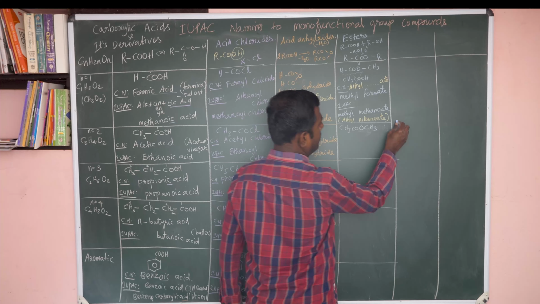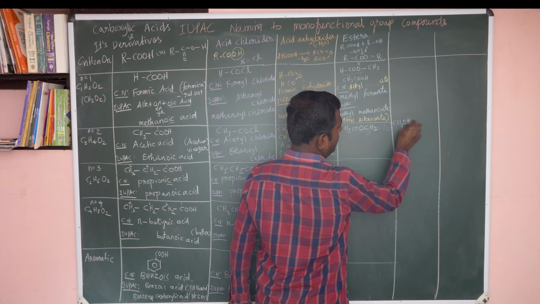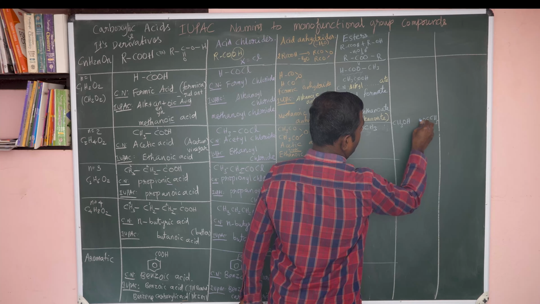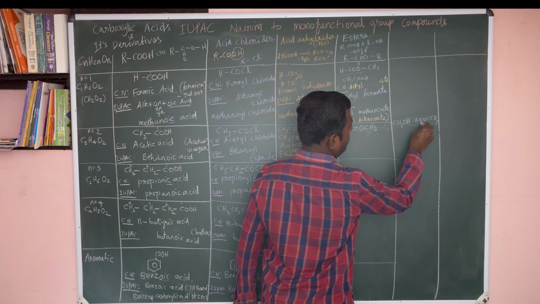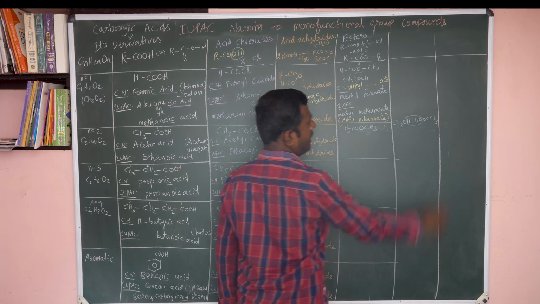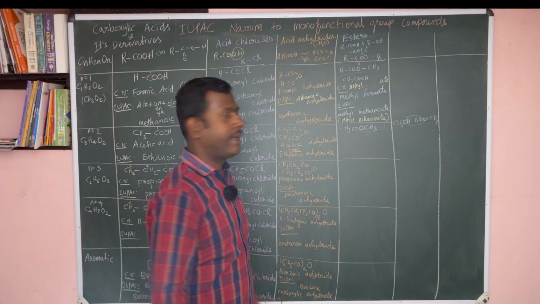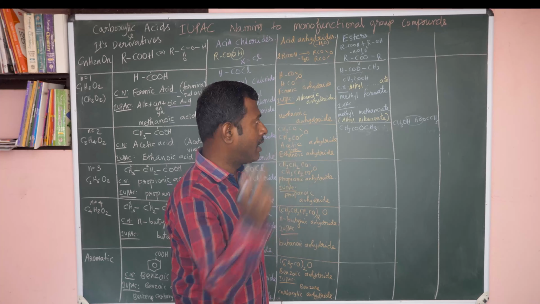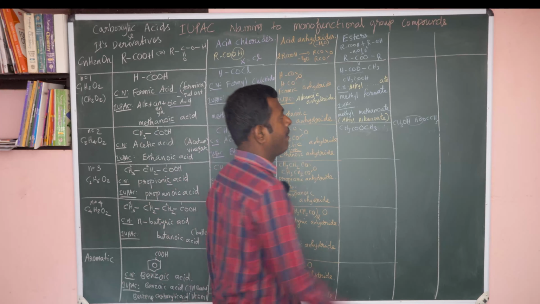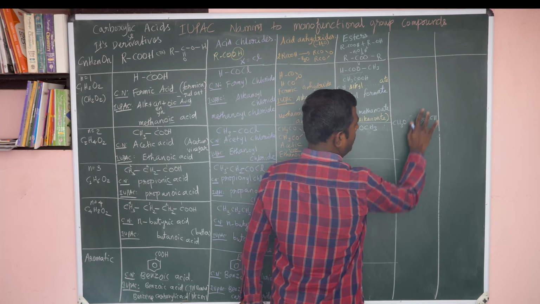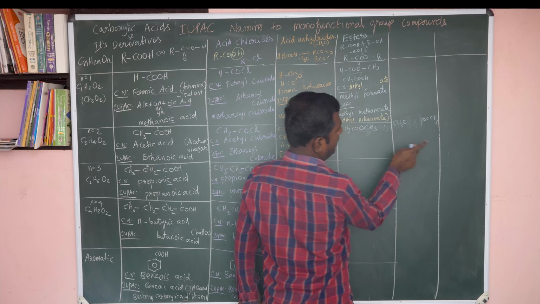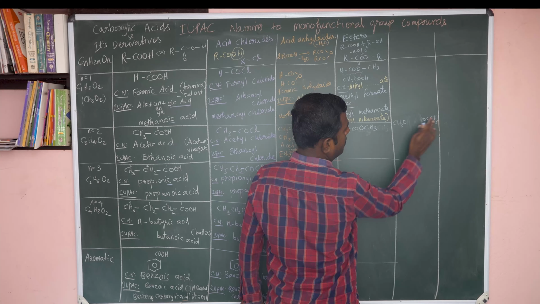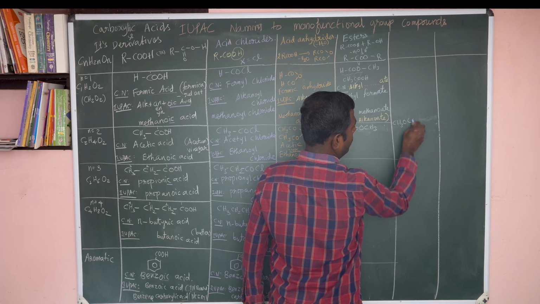We can otherwise write methyl alcohol first, followed by acetic acid, CH3COOH. Always OH from the acid and H from the alcohol are removed as water in esterification. Now the structure will be CH3OCOCH3.